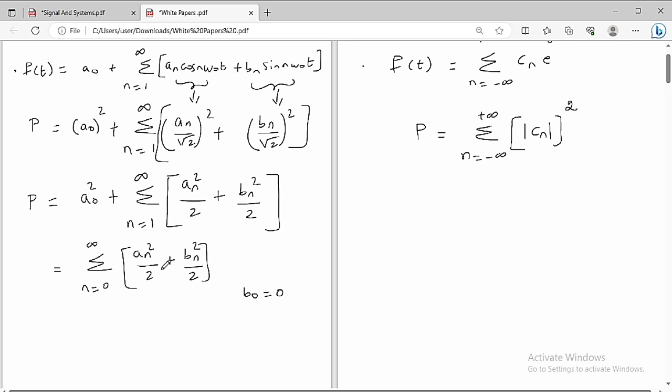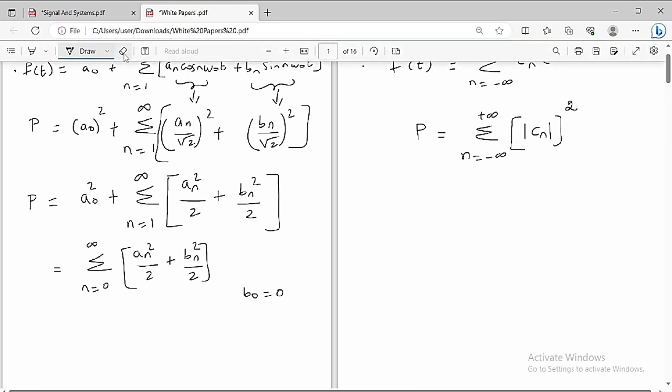But there should be another thing. So let me write this part, because an square by 2 is coming here, and we need only a0 square. So therefore, we cannot write like this.